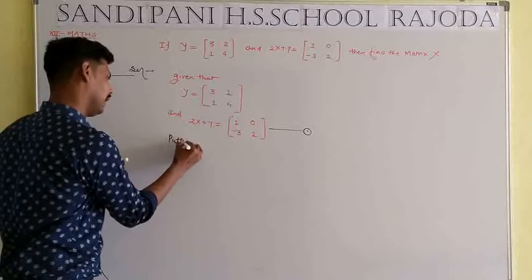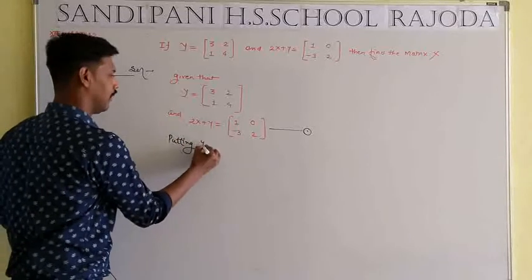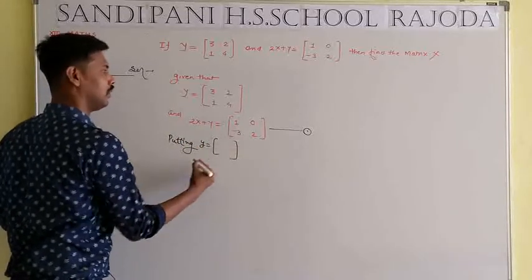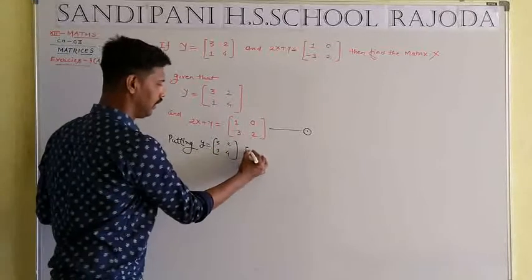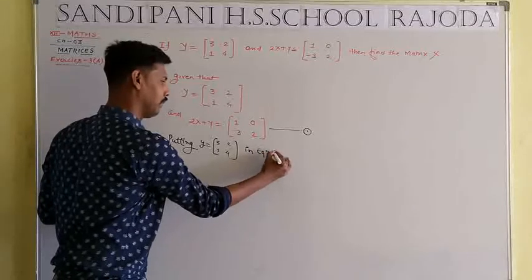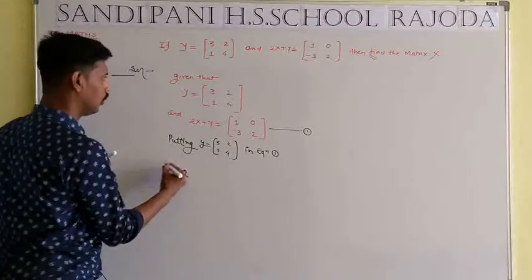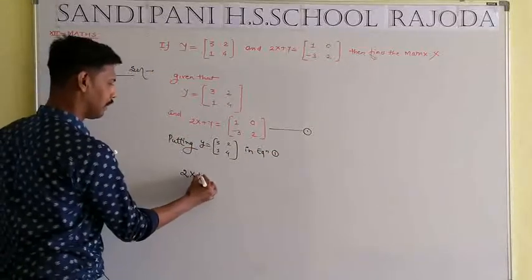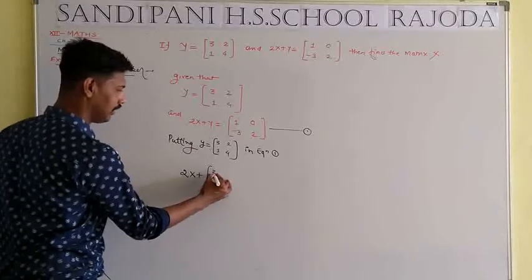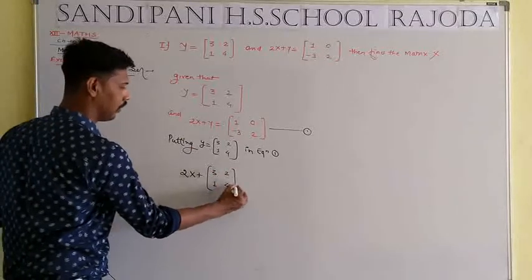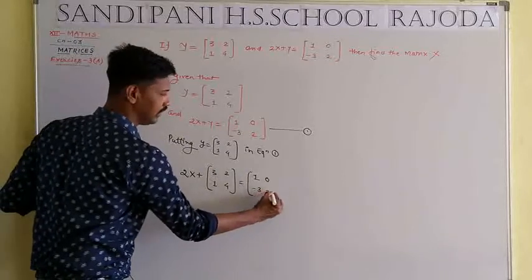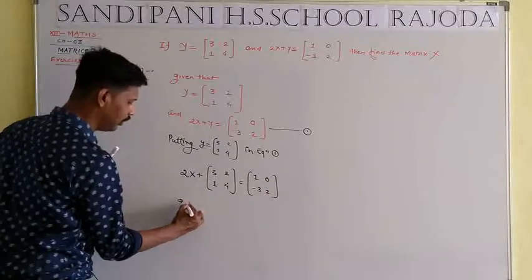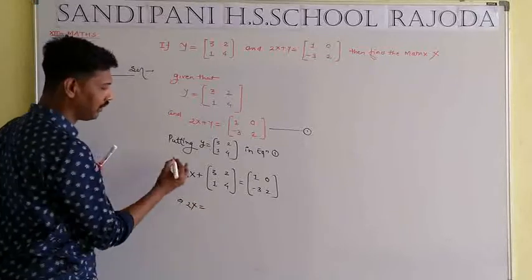Putting y equal to 3, 2, 1, 4 in equation number first: 2x plus y, 3, 2, 1, 4, equivalent to 1, 0, minus 3 and 2. What will we do, students? We have to find the value of x.